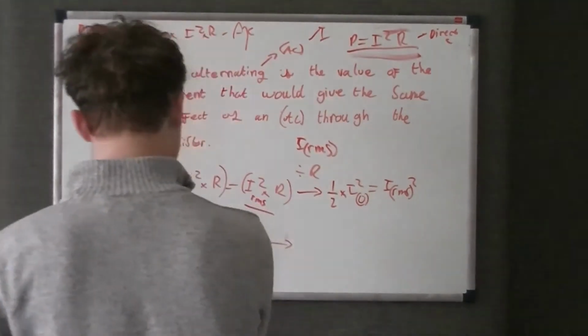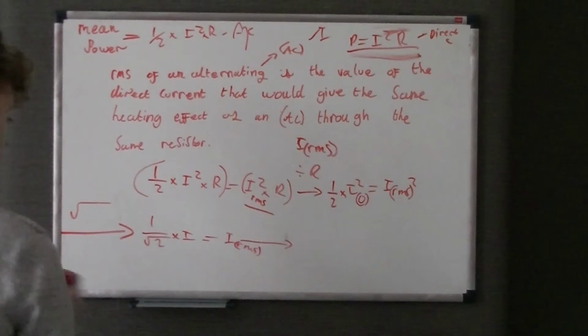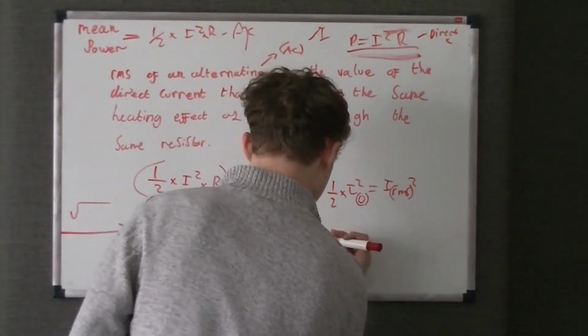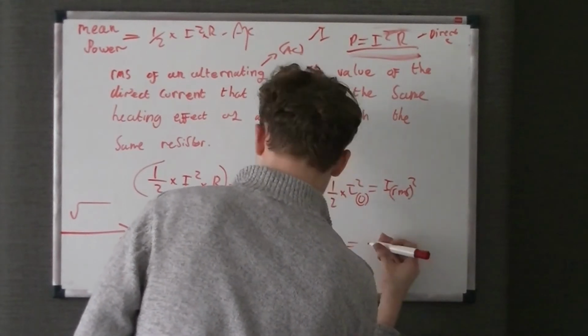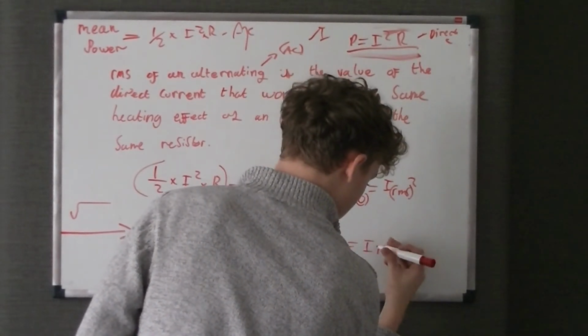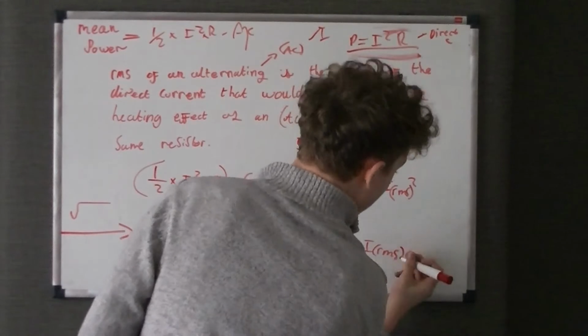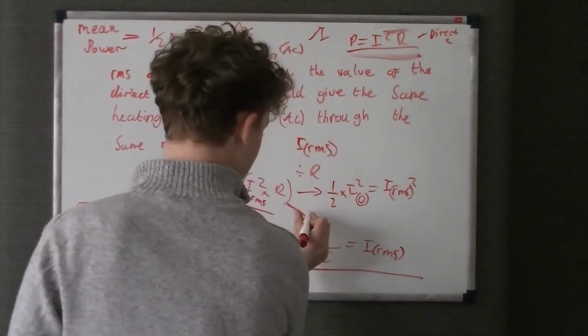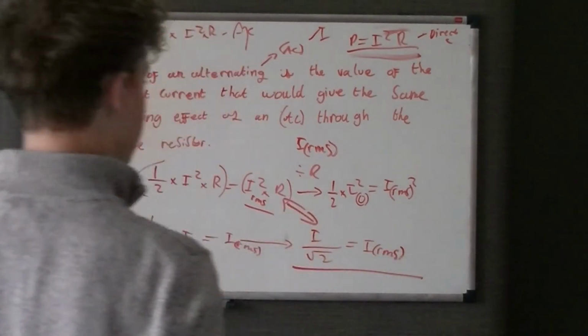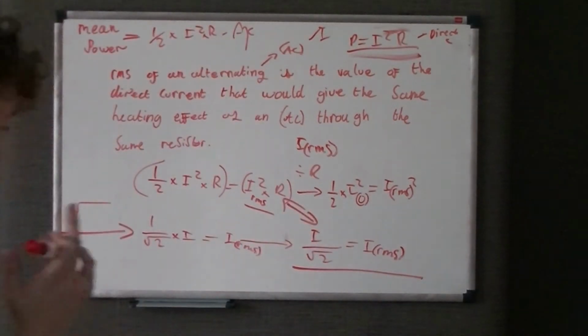And then if we multiply out the left term, we get I, the current, over root 2 equals current of RMS. So that definitely looks a lot simpler than that, but at the end of the day they both mean exactly the same thing.